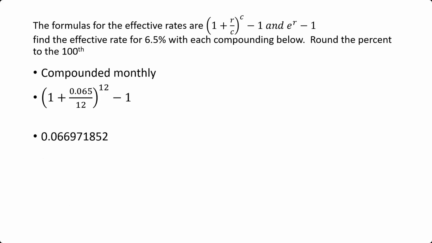You should be getting 0.06697. I said round the percent to the 100th. You need to make it a percent first by multiplying by 100 and then round. So to round this to the 100th, that's where the 9 is. Because this is a 7, the 9 will round up and make this 70.